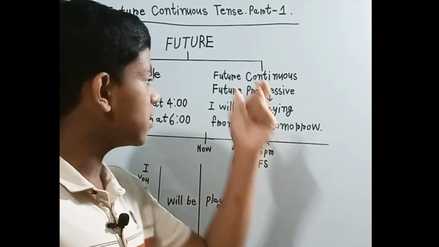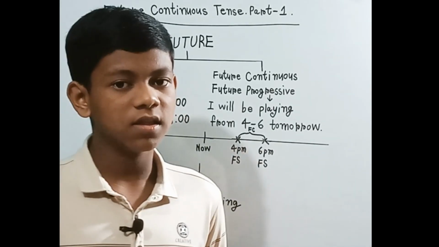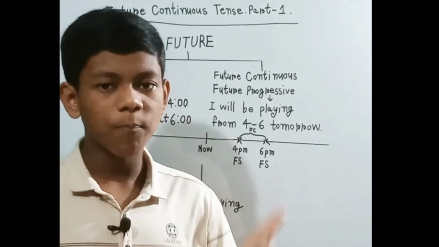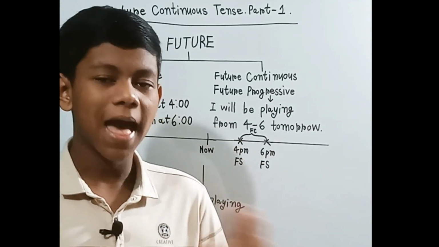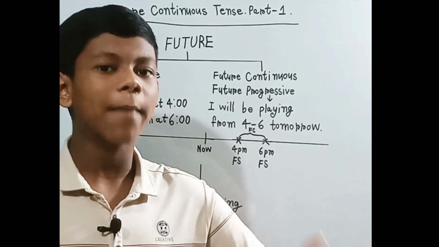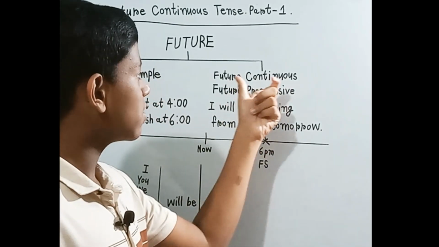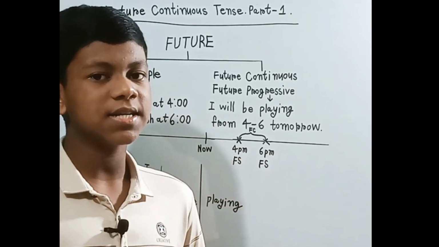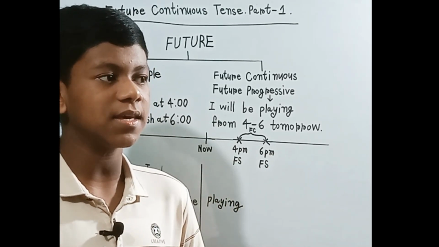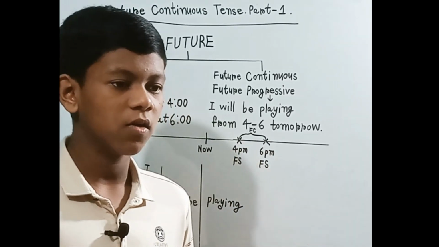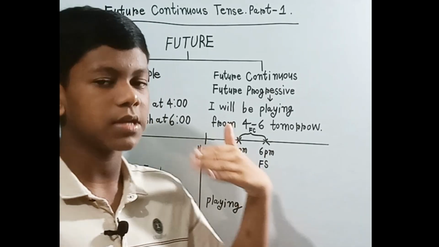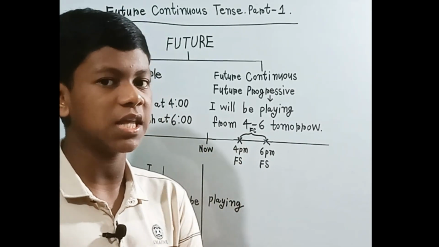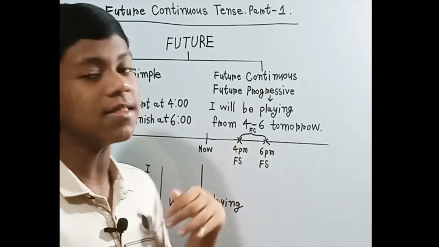Future continuous means that something is happening after now. Something is continuing, something is still working, some tasks are still working, it's in progress, in the future.